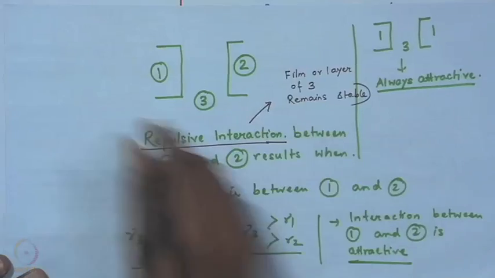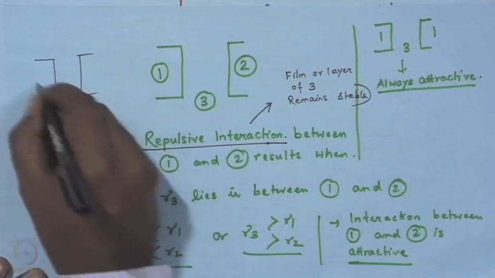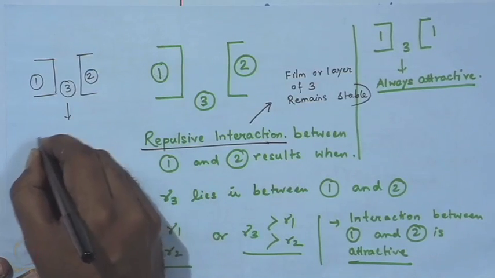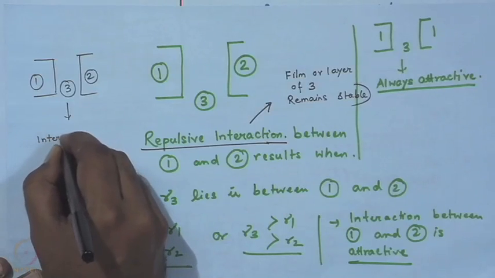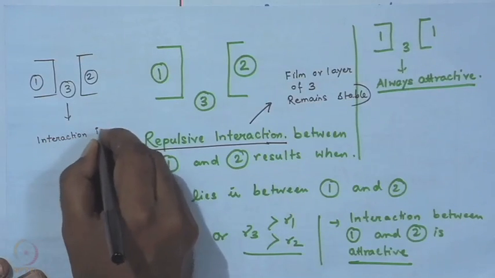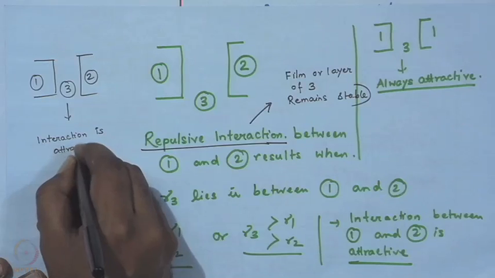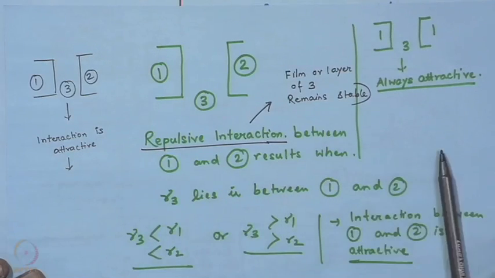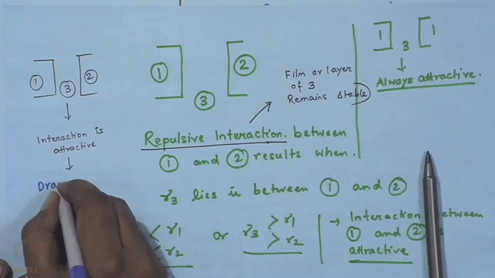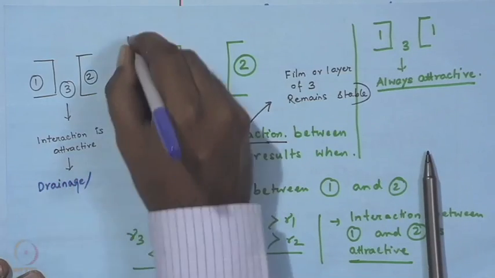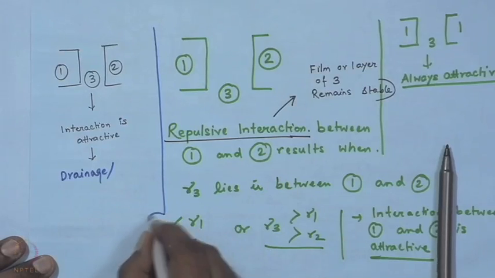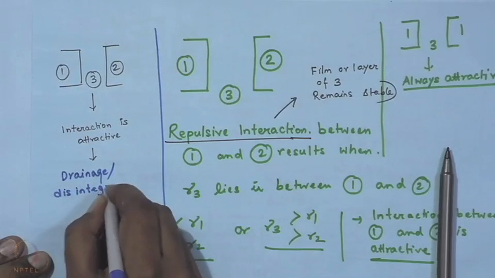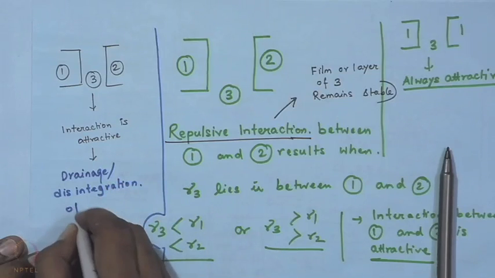But if they come in contact, or the interaction is attractive, then 1 and 2 join up, but this also leads to drainage or disintegration of the film.